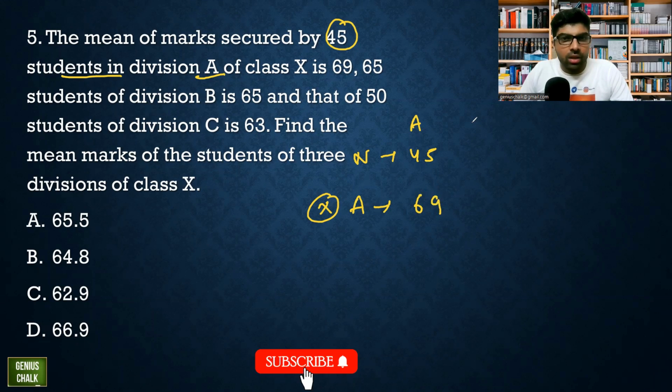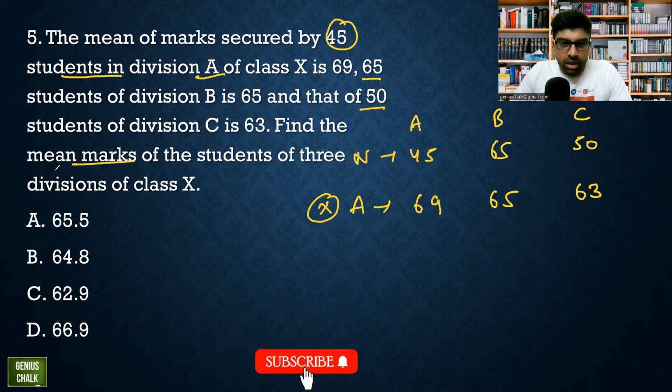Second, 65 students of division B, and their average is also 65. Next, division C, 50 students, and the average is 63. Now we have to find the mean marks, the average marks of all if we combine all, right? So A, B, C divisions combined. That means the total combined average is asked.